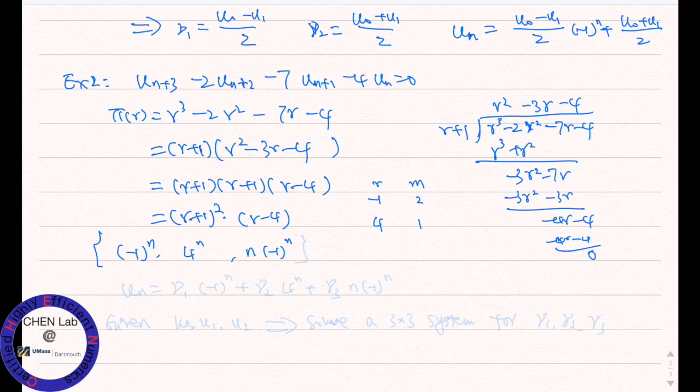Use those 3 because negative 1 has higher multiplicity, and then take a linear combination with any coefficients, which would be a solution. So the un would be gamma 1 (negative 1)^n plus gamma 2 4^n plus gamma 3 n (negative 1)^n.